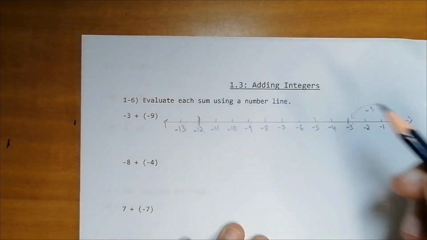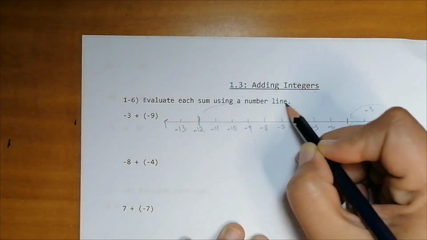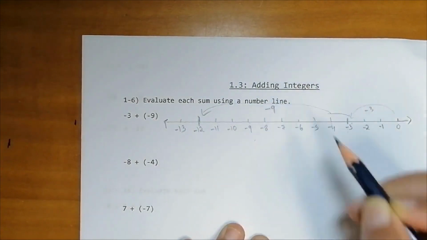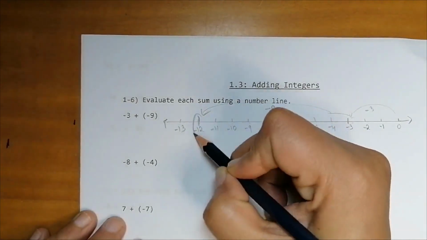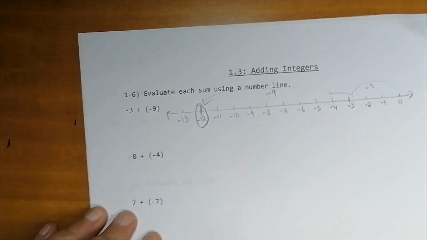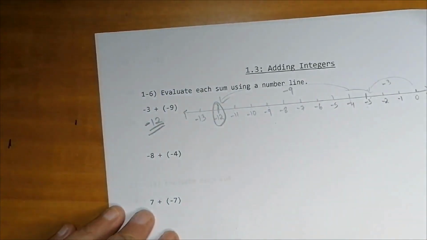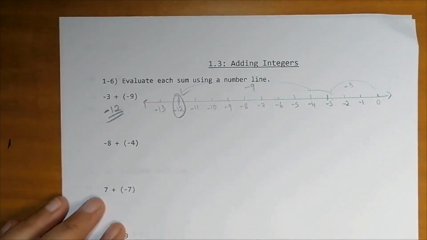This is where you end, so this is the jump of -9. So where are we? -12. So the answer for this is -12. This is how you solve this kind of sum.